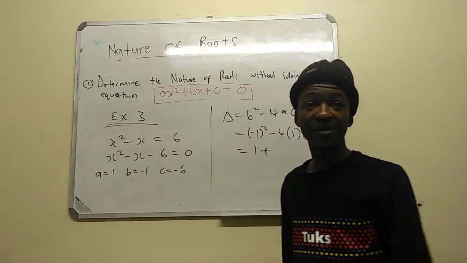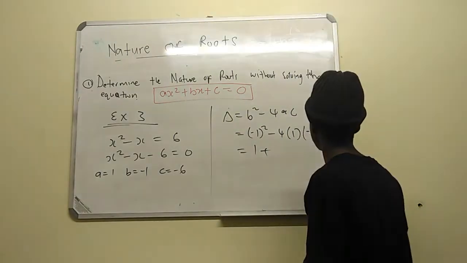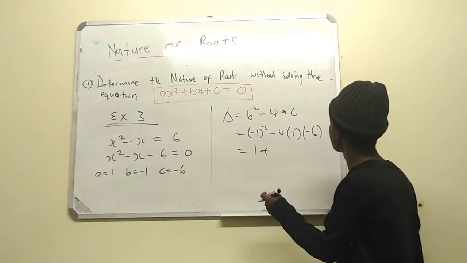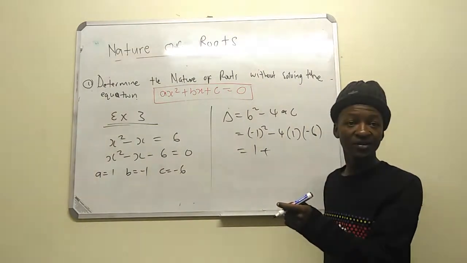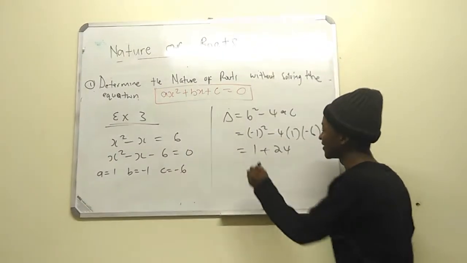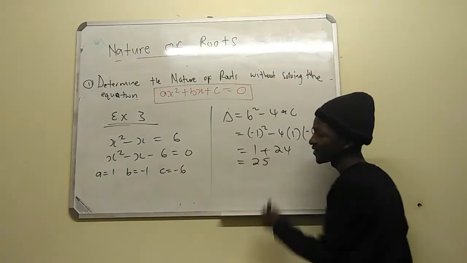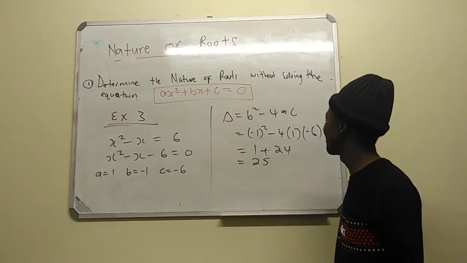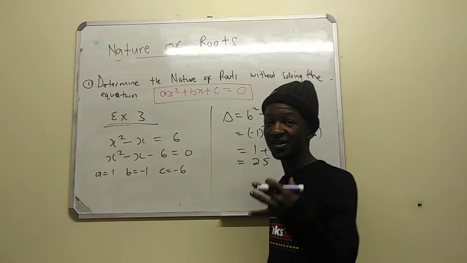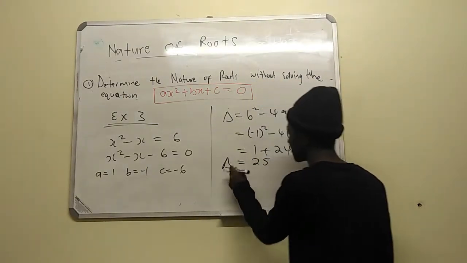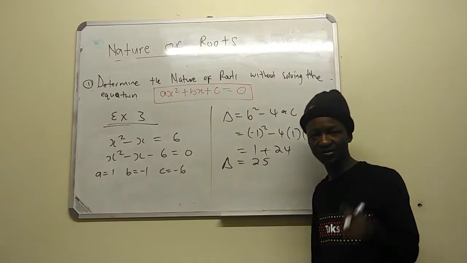It is 24, which gives us 25. You can punch it in your calculator and check whether I'm right. So I'm getting 25. My delta is equal to 25.